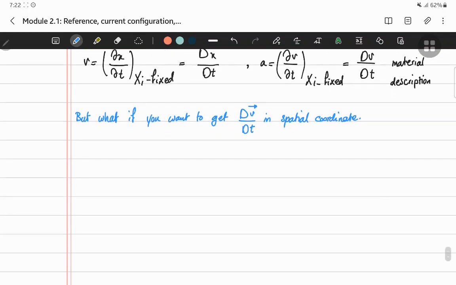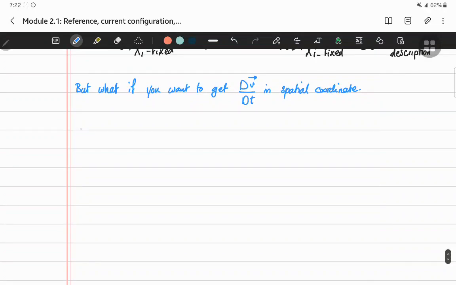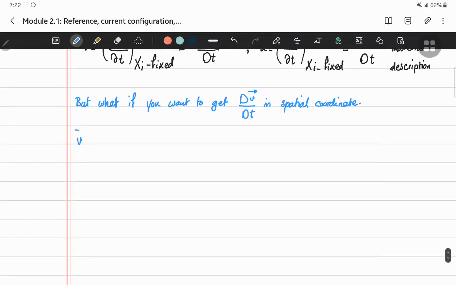So in the spatial coordinate, you know that v basically is v1 e1 plus v2 e2 plus v3 e3. You know that this is a vector, right? And v1 is of course a function of x, its position, and time.